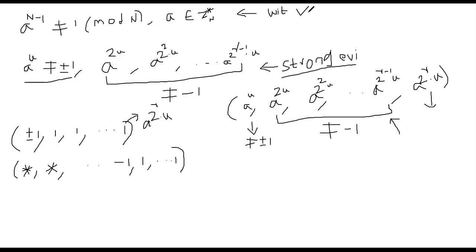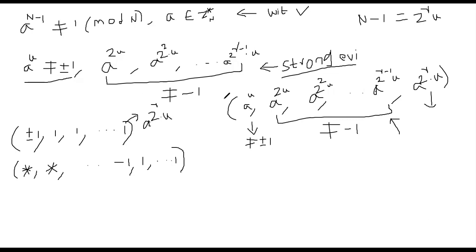An element can only be considered as an evidence if a power n minus 1 is not equal to 1. But you remember that n minus 1 is nothing but 2 power r times u. We talked about it earlier, so I assumed you watched the other segment. That means a power n minus 1 is equal to 1 in this case. That means it cannot be a witness.